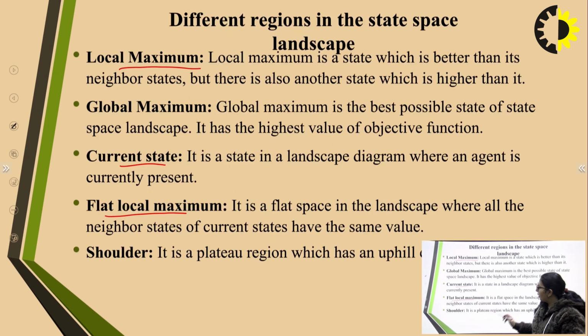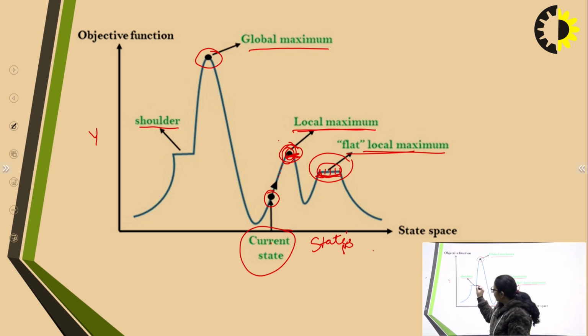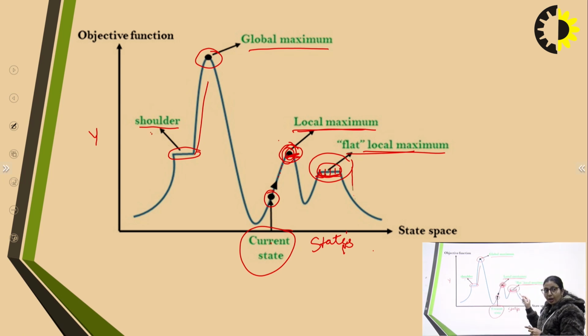Then what is a shoulder? It is a plateau region which has an uphill edge. This represents the flat, right? But when there is an uphill in the state space diagram, then we call it a shoulder, not flat. Flat has a downfall after some time, after finding the solution of some states.